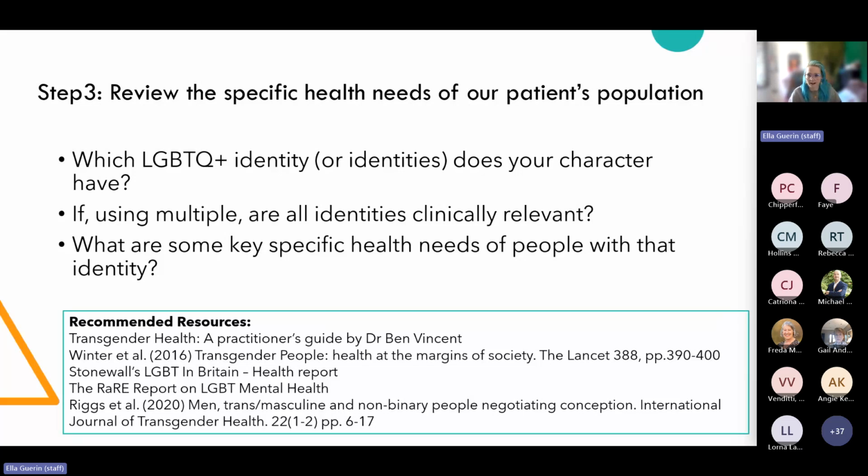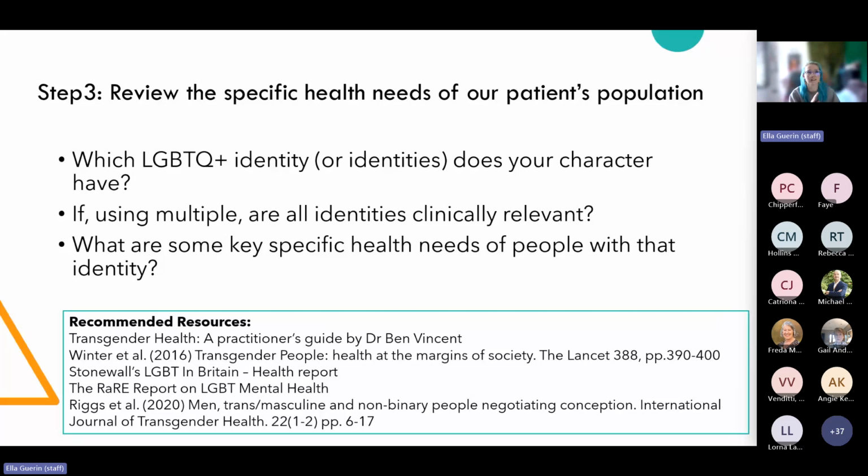So we need to work out which LGBT identity or identities your character has. Whether that is chosen because of familiarity, you already have good established knowledge about an identity, or because you're thinking we don't have much about this identity or experience in our curriculum, whatever is going on for you there, have a think which identity or identities you want your character to have.